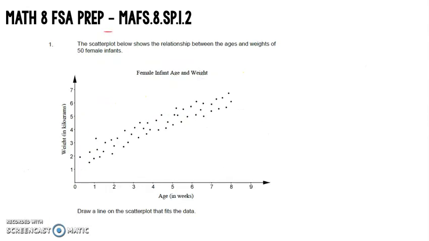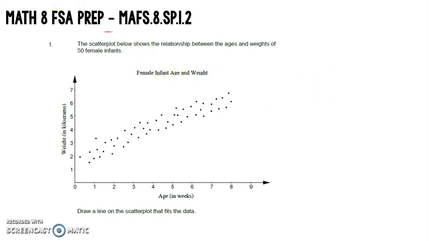So I want you guys to practice that again here. The scatter plot below shows the relationship between the ages and weights of 50 female infants. Draw a line on the scatter plot that fits the data. So what does this data mean, and where would a line of best fit approximately go?